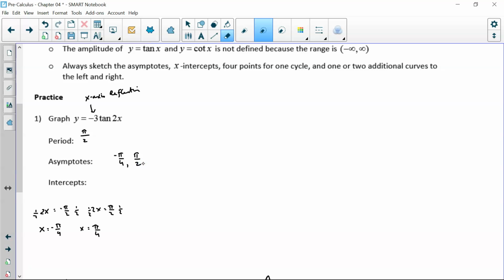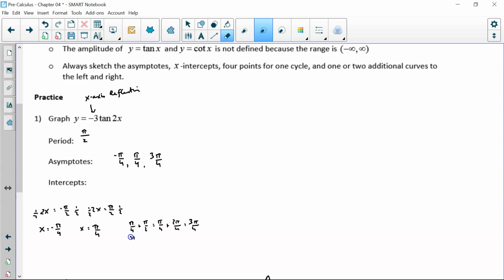We can keep finding more asymptotes by adding pi over 2. So if we add pi over 4 plus pi over 2, that would be pi over 4 plus 2 pi over 4. That would be 3 pi over 4.